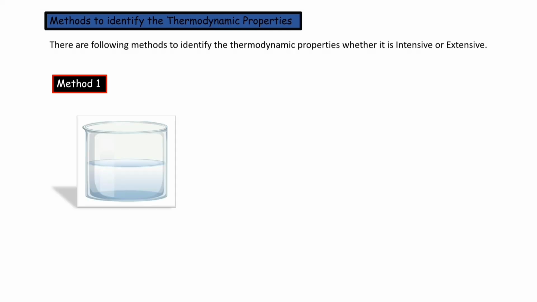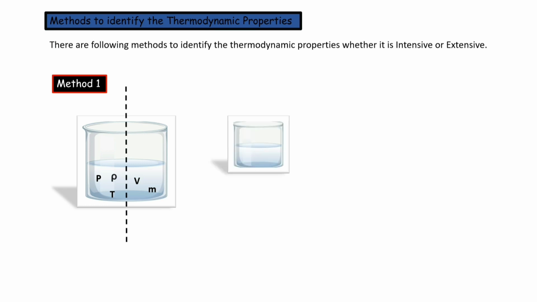Methods to identify whether a thermodynamic property is intensive or extensive. Method 1. Let's consider a beaker of water having the following thermodynamic properties: pressure, temperature, density, volume and mass.